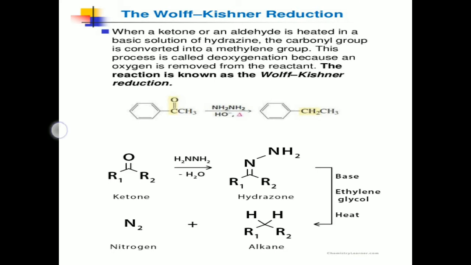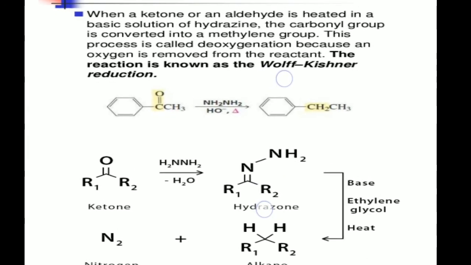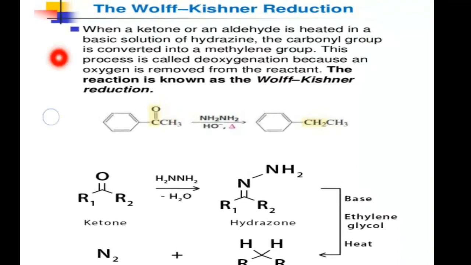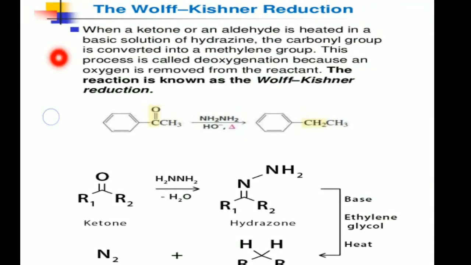Next, another reduction is the Wolff-Kishner reduction. Wolff-Kishner reduction is also similar to that of Clemmensen reduction, in which this yellow marked carbonyl group is converting into CH2 or methylene group.